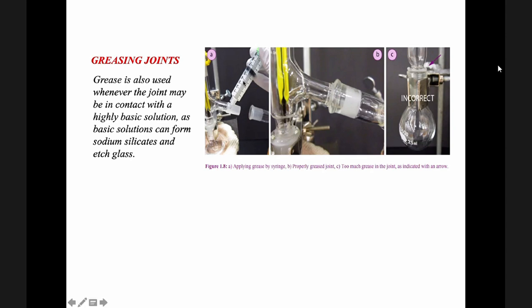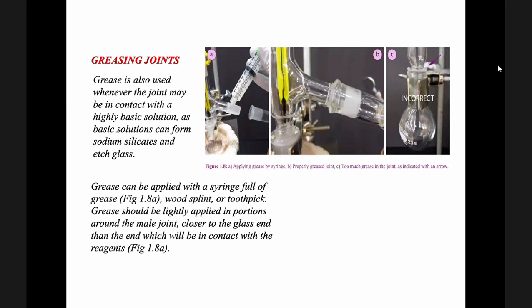Okay, so grease is also used whenever the joint may be in contact with a highly basic solution like sodium hydroxide, because basic solutions can form sodium silicates and etch glass. Grease can be applied with a syringe full of grease, or using a toothpick or a wood splint.